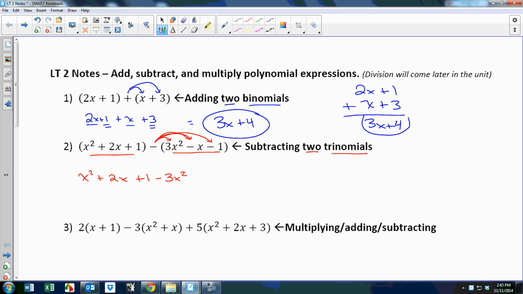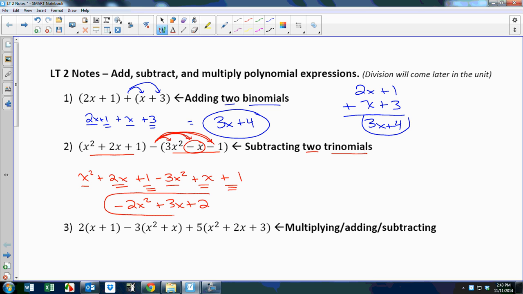Also subtract a negative x, and when you subtract a negative, it becomes plus. So that's the distributing the negative. When you subtract the negative x, it becomes plus x, and then distribute the negative to the negative 1, and that would be subtracting a negative 1 plus 1. And then combine your like terms, negative 2x squared, 2x and x makes 3x, and 1 makes 2.